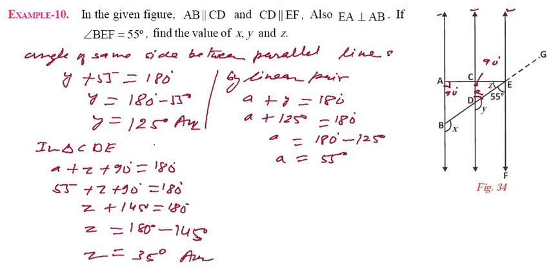So x is, where is x? X is here. X and y both are corresponding angles. So you can see here AB is parallel to CD, so x and y are corresponding angles.